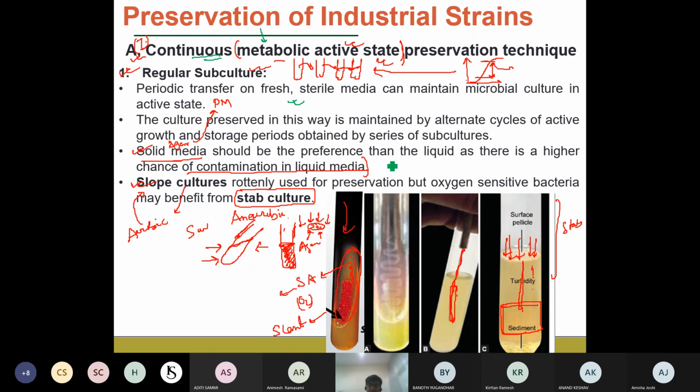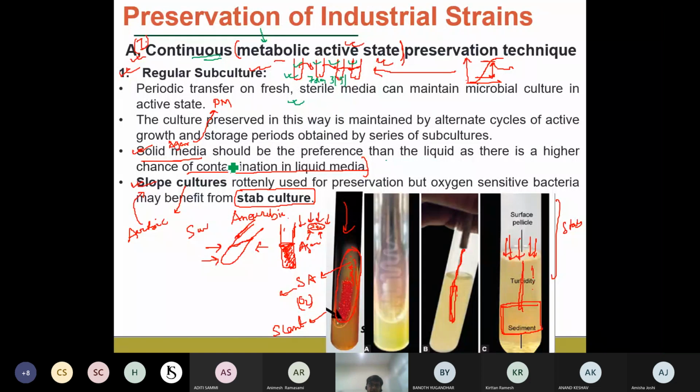You might need to subculture every 7 days, or maybe every 3 or 5 days, depending upon the type of microorganism. When the number of subculturings is higher, it leads to a higher chance of contamination.